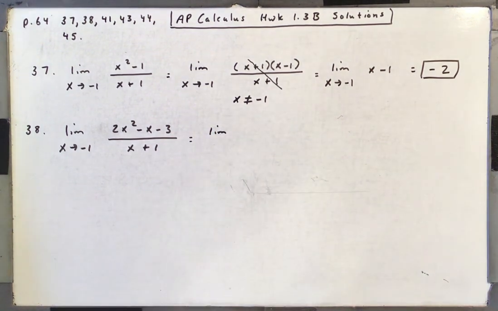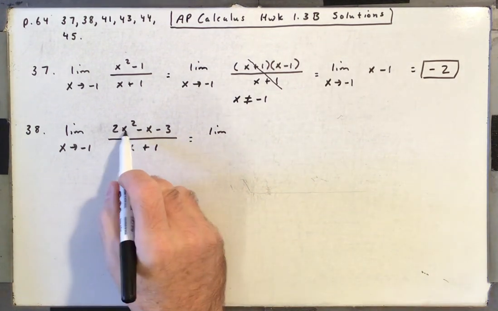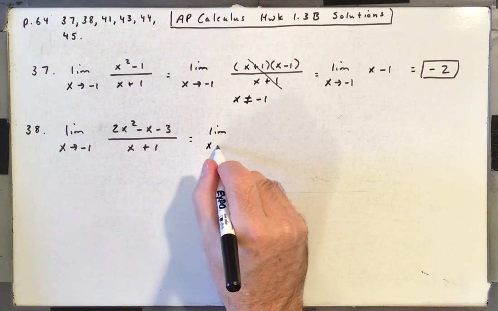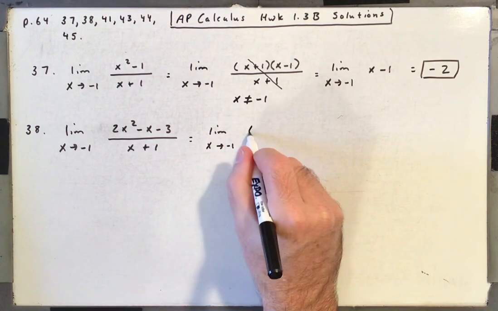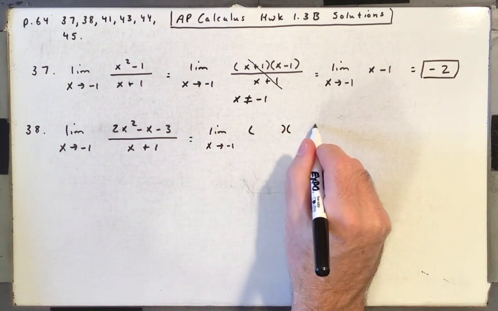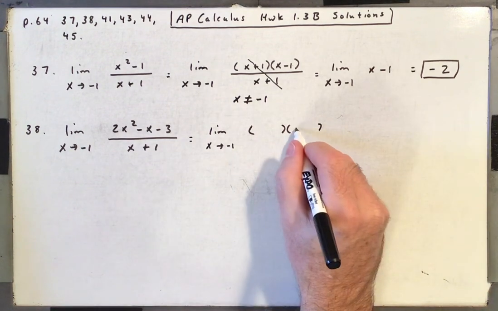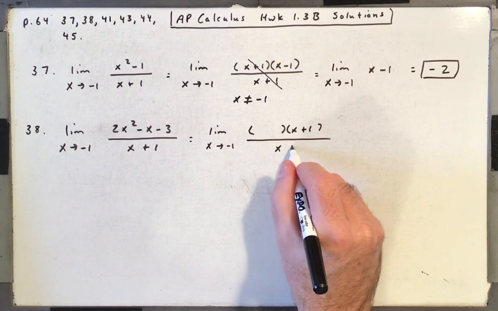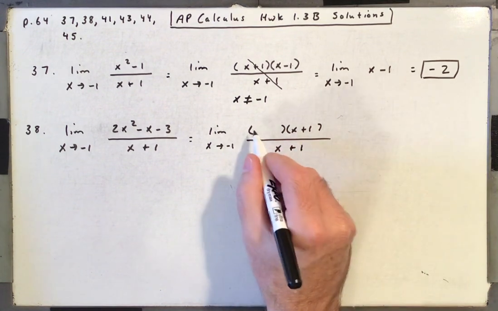We've got a second order trinomial on top, so I'm going to try to factor that, and I'm going to use the clue that probably one of the factors needs to be x plus 1, otherwise the denominator won't cancel out. So I'm just going to go ahead and put that up there.